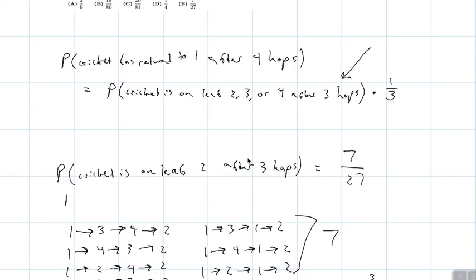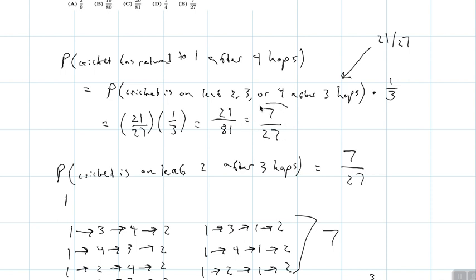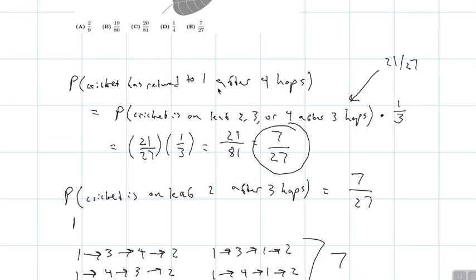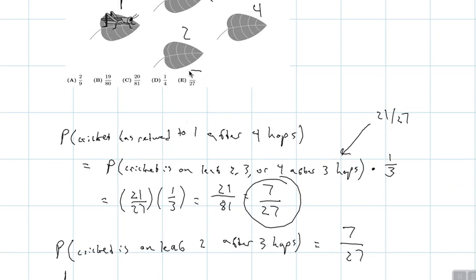Since this probability is 21 over 27, we can find the probability that the cricket has returned to leaf 1 after 4 hops is simply 21 over 27 times a third, which is 21 over 81, which if you simplify that, comes out to 7 over 27. So the answer is choice E.